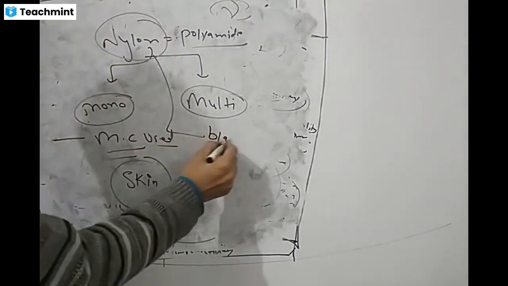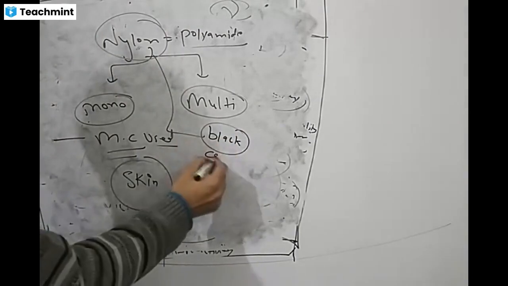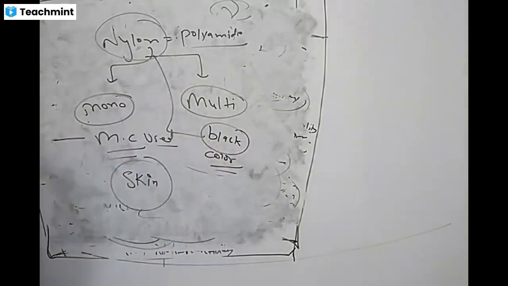And this nylon in our clinics is available in black color. In books, it is also given that it is available in green color also. But here we are using black color nylon. So black color, that is, it is also dyed.